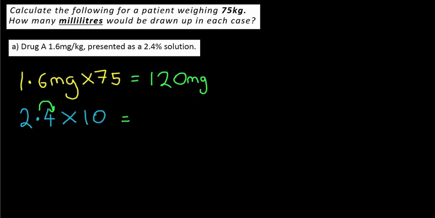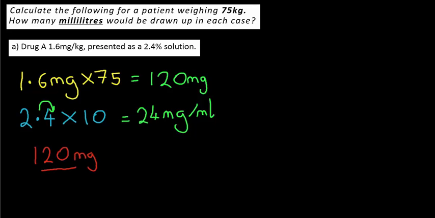So in this case we have 24 milligrams per milliliter, which is the same as saying 24 milligrams in 1 milliliter. So our liquid dose formula becomes what you want, which is 120 milligrams, over what you've got, which is 24 milligrams, times what it's in, times 1 milliliter.